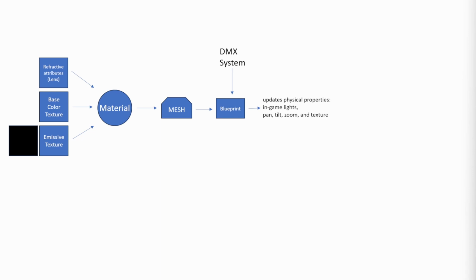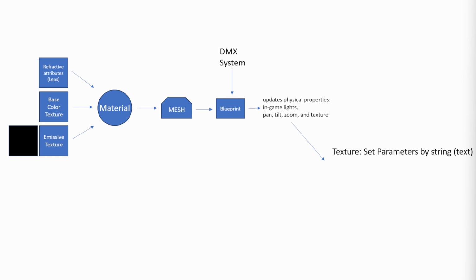The material or the textures do their math based on the instructions given from the blueprint, and then update the material, and then that updates the mesh, and then that updates the blueprint, and all of this updates physical properties of the lights, like lighting, the pan, the tilt, the zoom, and what texture you use.